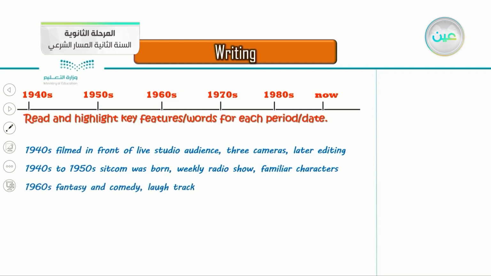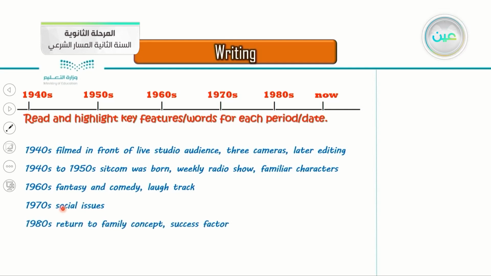Also here, the 60s, very good, fantasy and comedy. They also introduced the laugh track, not in front of a real audience, just recorded audio. Also here in the 70s, sitcoms began to discuss social issues. Also the 80s, they returned to a family concept.